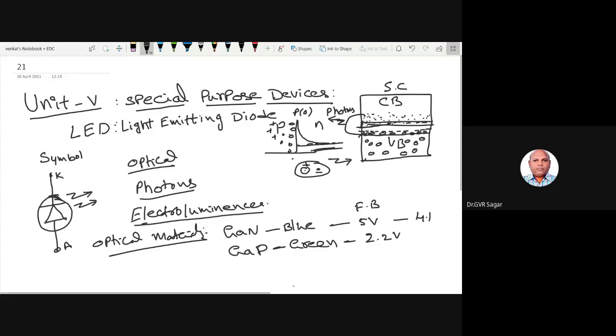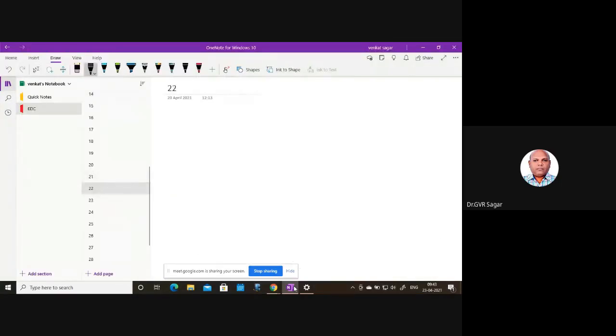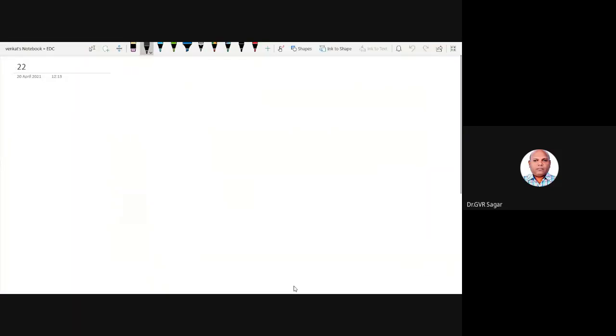And we'll come to the LED construction. In this construction generally we take different layers.